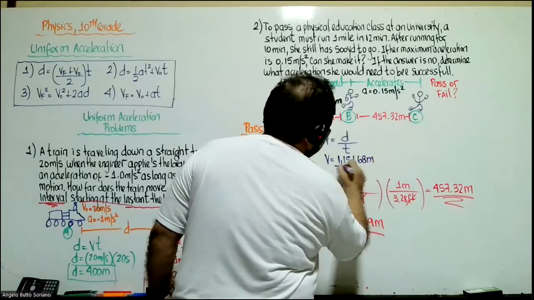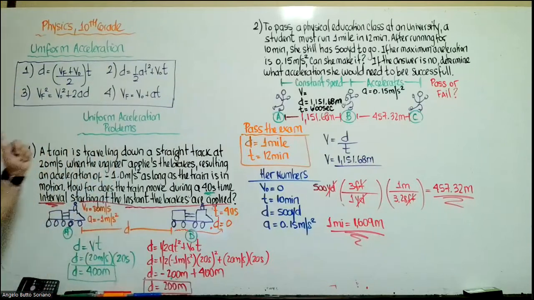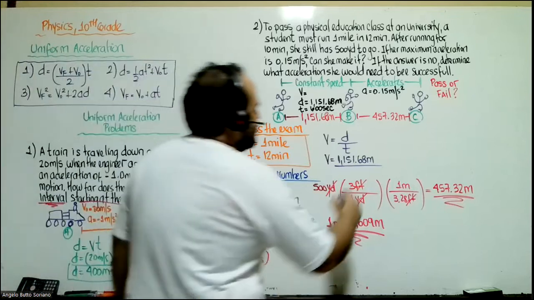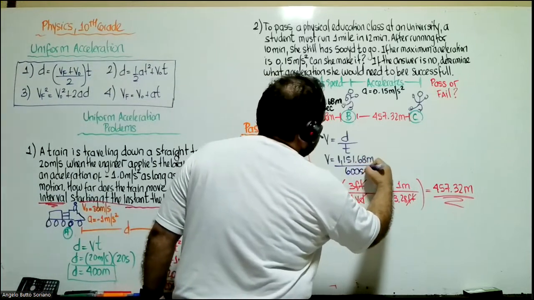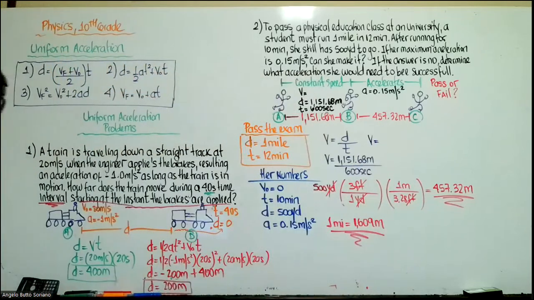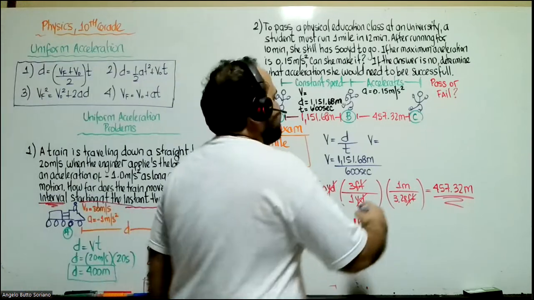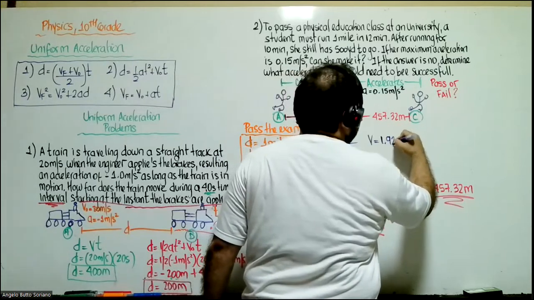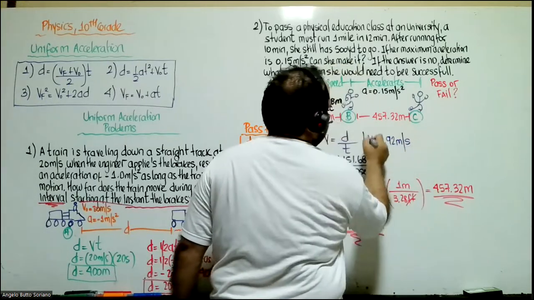1,151.68 meters. And remember the problem says that from A until B takes 10 minutes, or 600 seconds. For that reason, the velocity from point A until point B will be 1,151.68 divided by 600, so the velocity will be 1.92 meters per second.